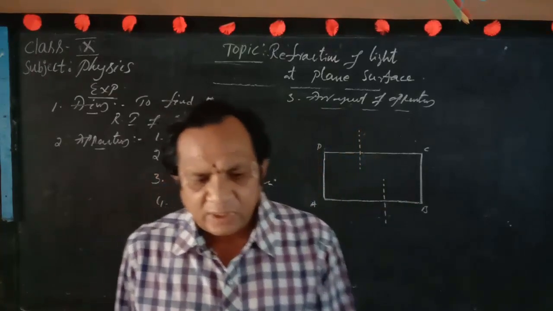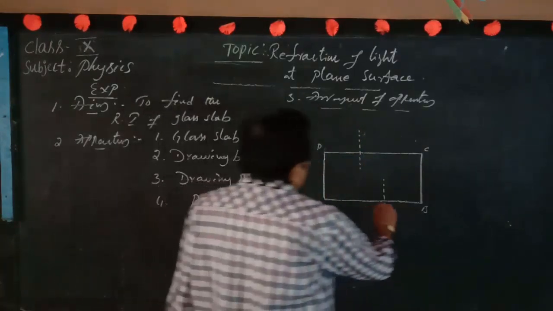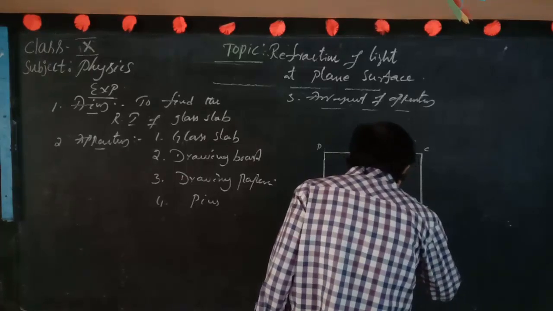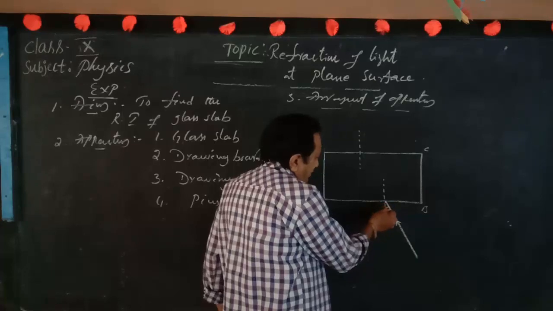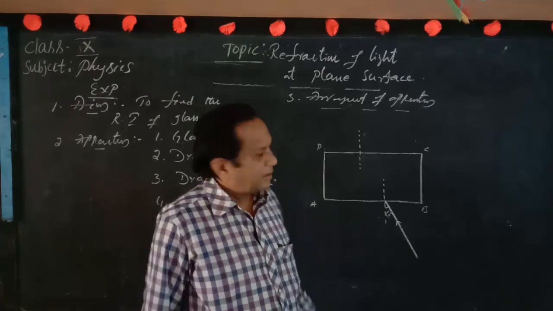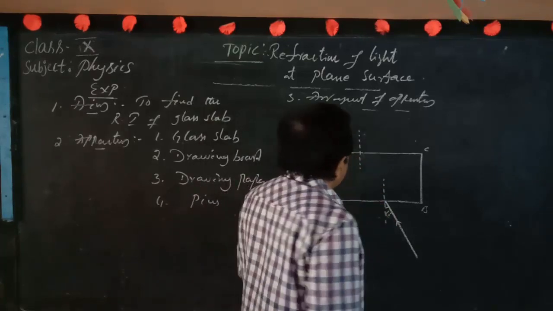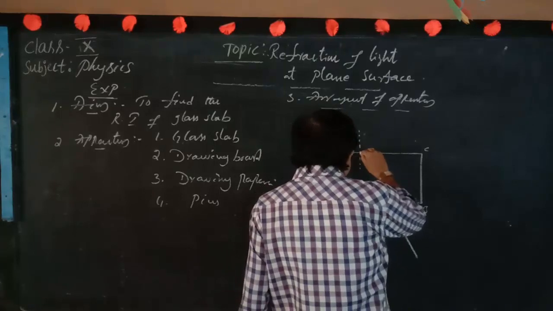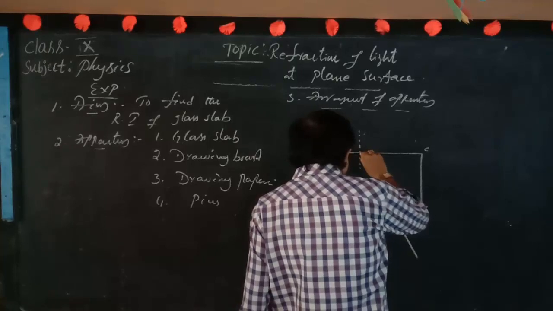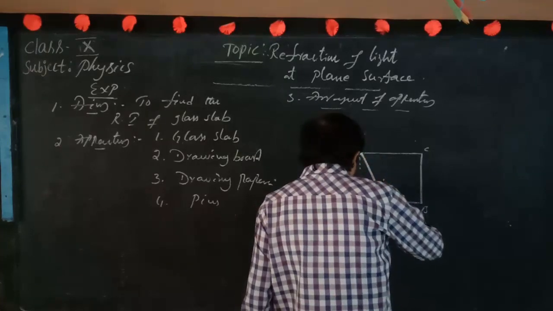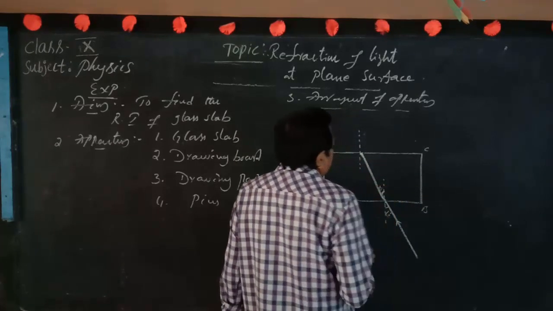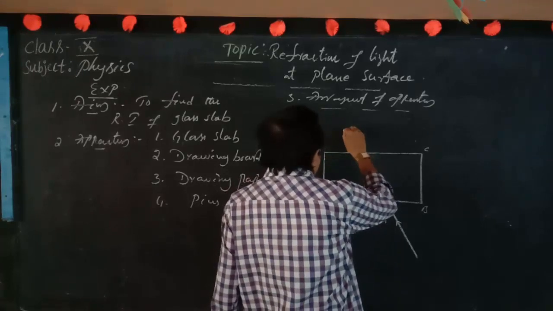So first take one incident ray produced from the source, with an angle of 30 degrees or 20 degrees, whatever you say. It is the angle of incidence. The ray passes through the glass slab and makes an angle of refraction.